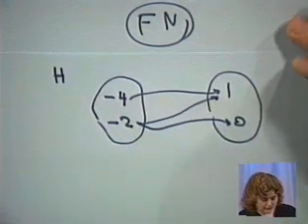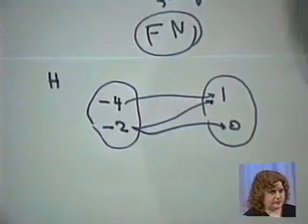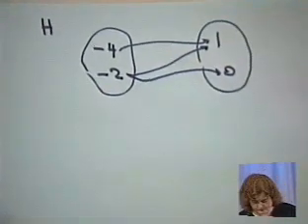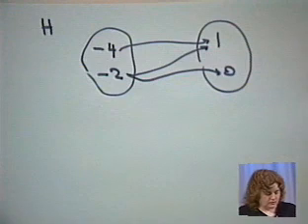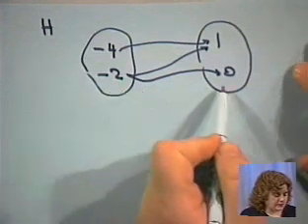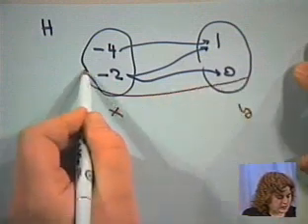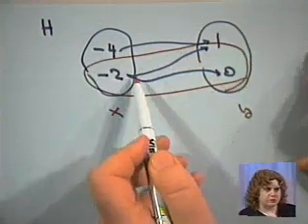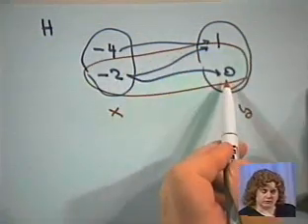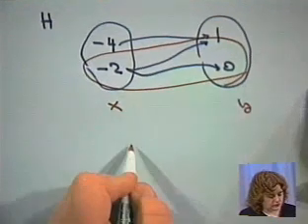Whenever you have a map where you have two lines coming off of an x, you do not have a function. We had two lines coming out of the x value, -2, and so it's not a function.